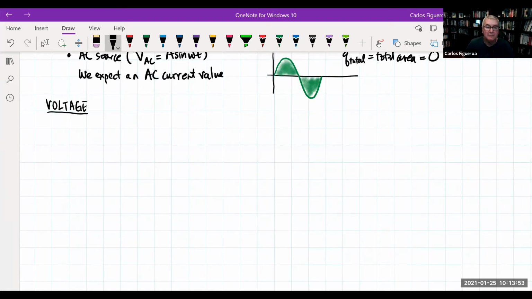One of the questions I typically ask my 4B students is this: tell me the difference between electric potential, voltage, EMF, back EMF, right? And induced EMF.